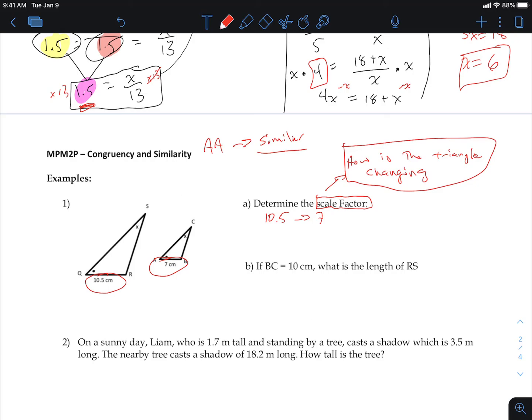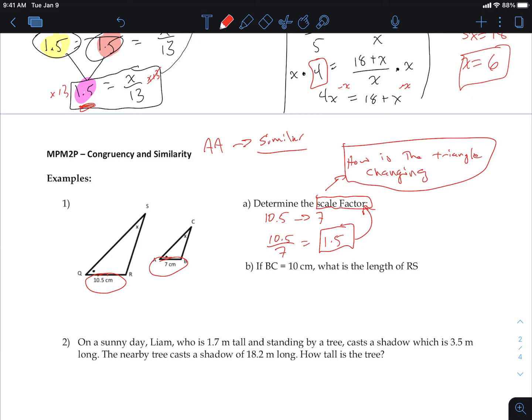Okay, well, to figure that out, you could go, okay, what is that number? This is what we call a scale factor. It's 1.5. That's how the triangles are changing.